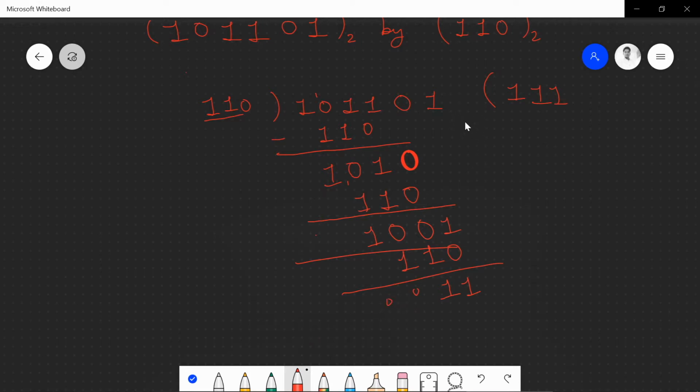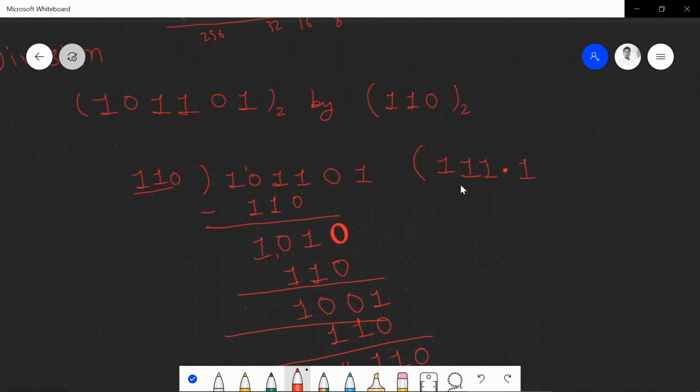Since all the digits are occupied, we put our decimal point over there and then we just get a 0 over there. Now when we divide it by 1 times, it will become 1 1 0 and the answer is 0 0 0. So the answer for this particular question will be 1 1 1 1 in binary. This is the answer for the division operation.